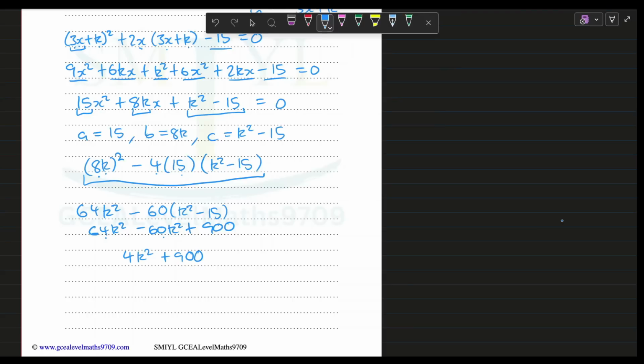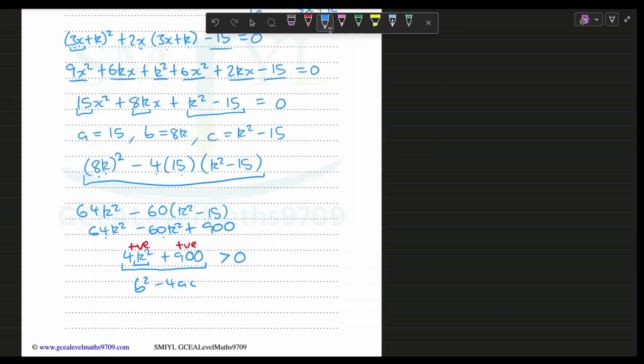Okay. Hopefully here you can see that this 4k squared plus 900, which is representing b squared minus 4ac, is always going to be positive, because for whatever value of k you put in here, it's going to be squared. So it means the 4k squared part is always going to be positive. And so if you're adding a positive part to a positive part, it means that this will always be greater than 0 for all values of k.